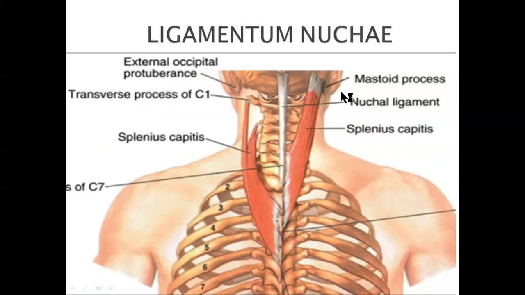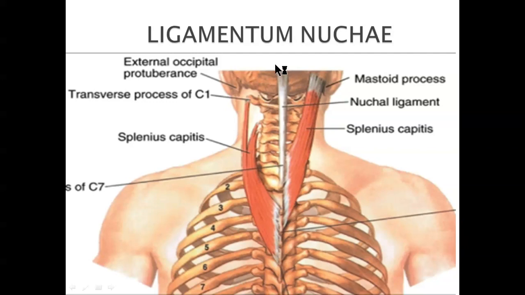Then again, ligamentum nuchae is also a part of your deep fascia, deep cervical fascia. It's important. Here we have the superior nuchal line and the external protuberance of the occipital area.